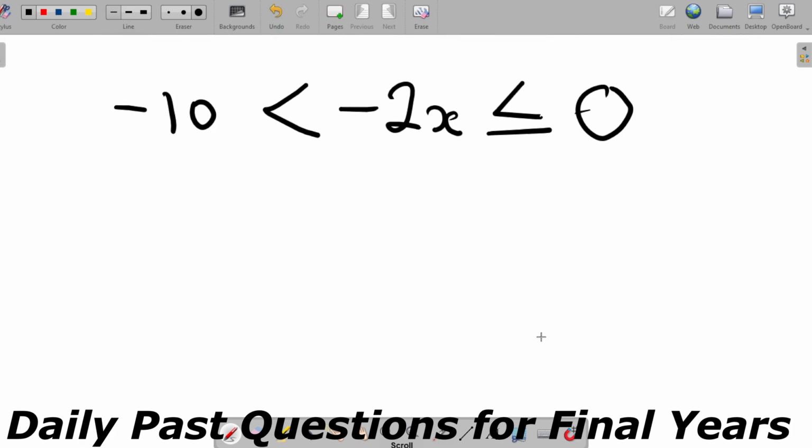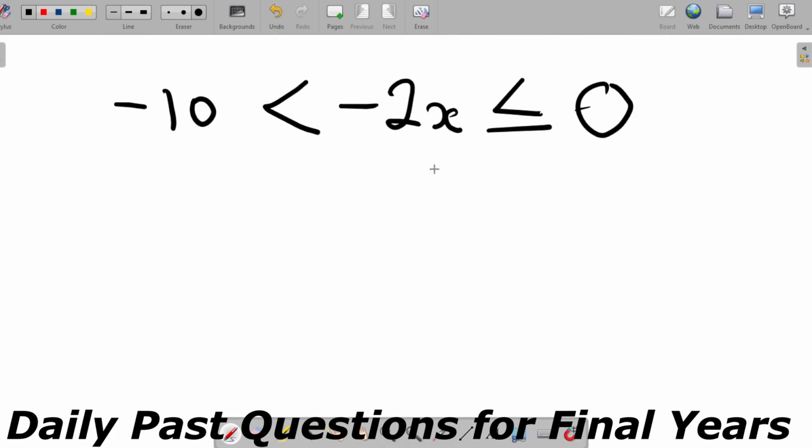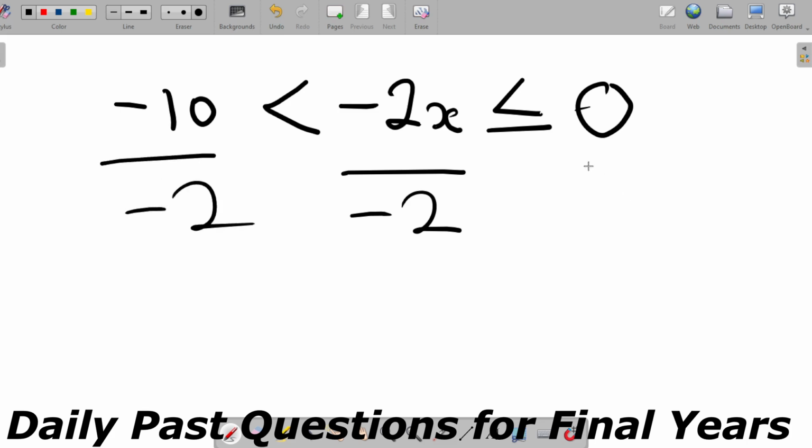Now let's move on. So what do you do now? You want the x to stand alone. We don't want -2x. So we divide all the sides by -2. Here, this negative is going to cancel the one at the top, so the answer will become 5.